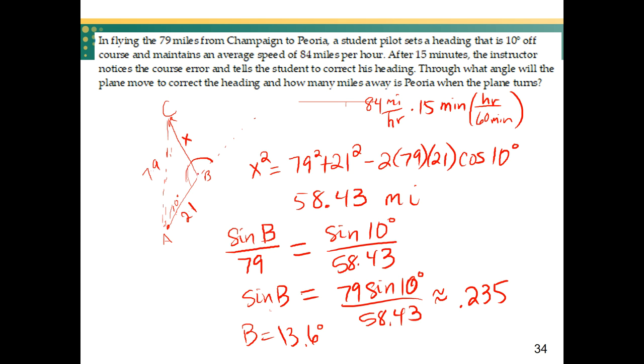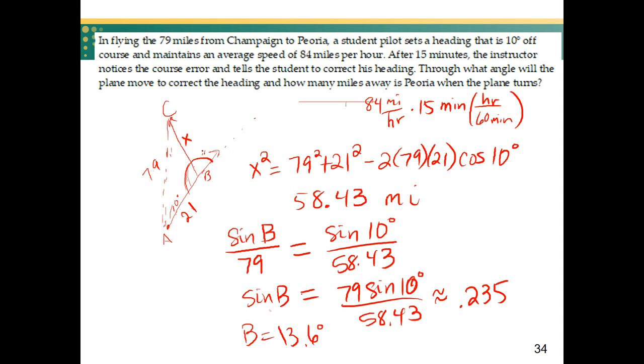And actually, let's see. I think on your multiple choice they put 13.6, but really if the plane's heading this way, the amount they turn should be what's left of that. Oh wait, I get it. Okay, so let's look at the picture.